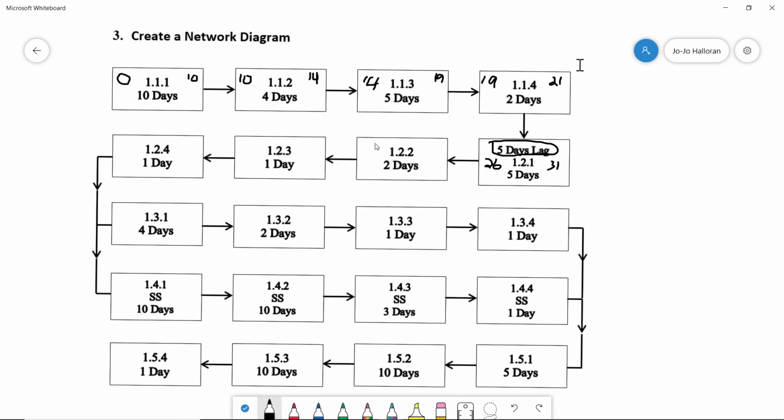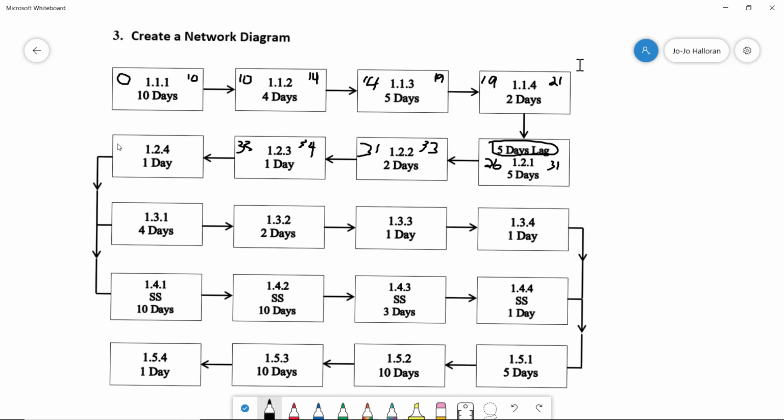Now we start going over here, and we do 31 and add our 2 days, which is 33. Now we add 33 over here, and we have a 1-day duration, so we say 34. Like I said, excuse my writing, trying to do this with a mouse.